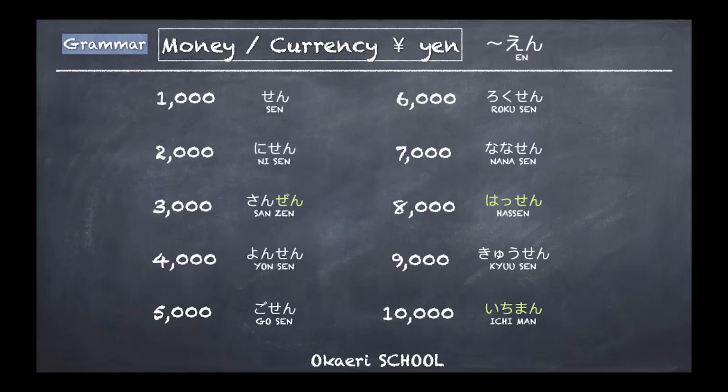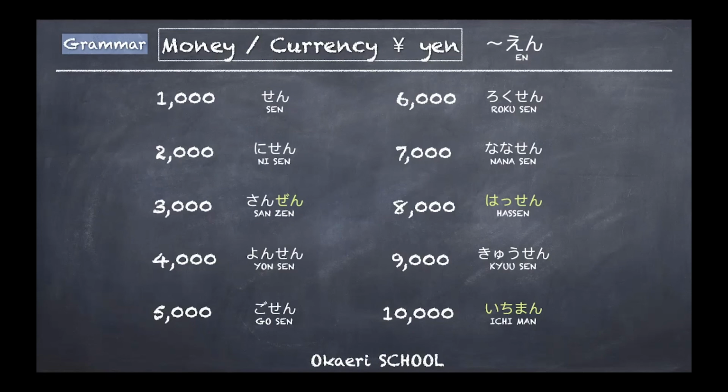Here we go. 1,000. And afterward, you put 2, 3, 4, 5, 6 before 1000. That would be 2,000, 3,000, which is a bit irregular. 4,000, 5,000, 6,000, 7,000, 8,000, again irregular. 9,000. 10,000.